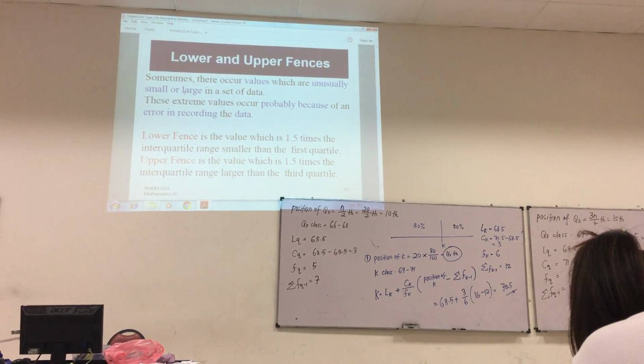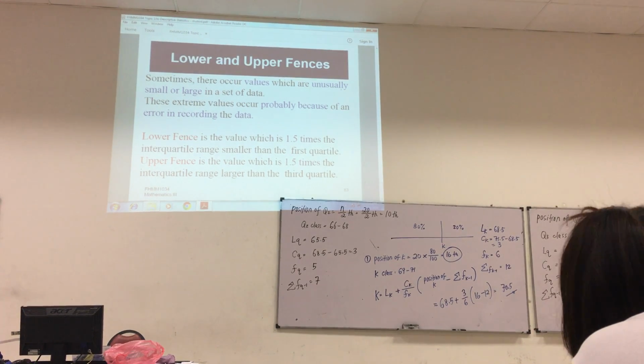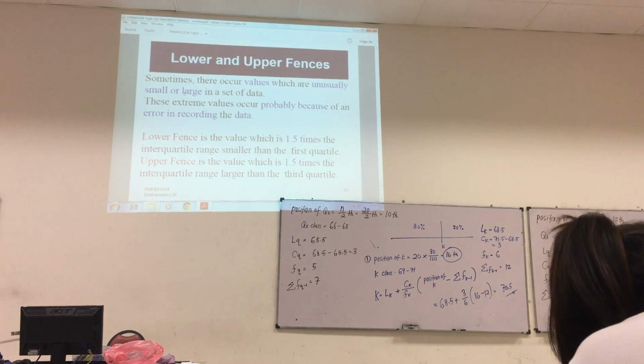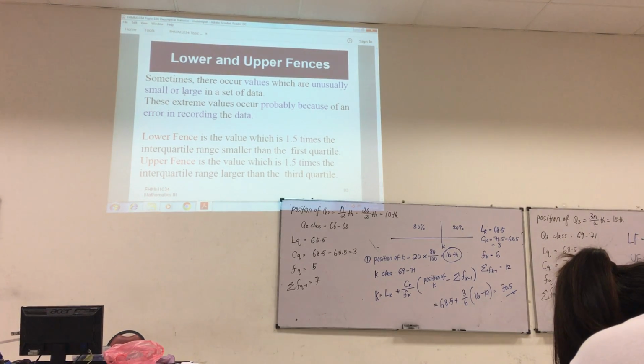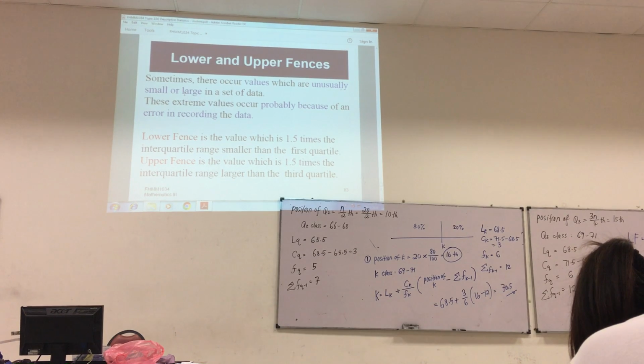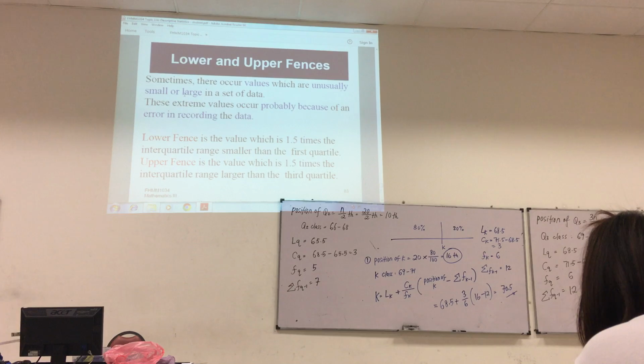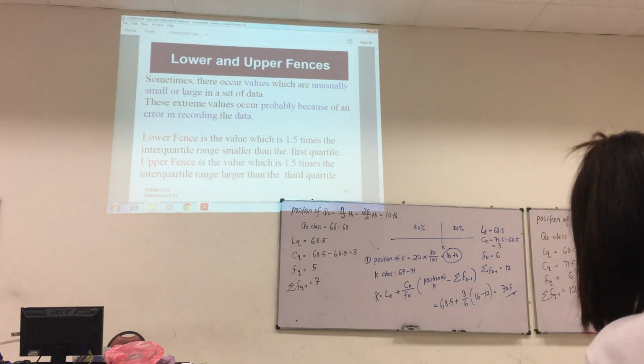After you calculate these values, you have to compare them with the data that you have. If any data value is bigger than the upper fence, then that data will become an outlier. If any data is smaller than the lower fence, then that particular data will be an outlier as well.